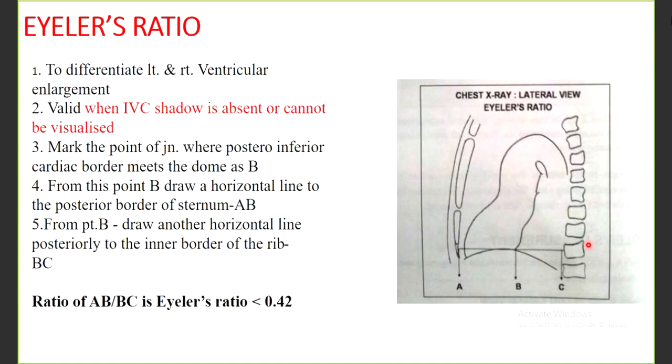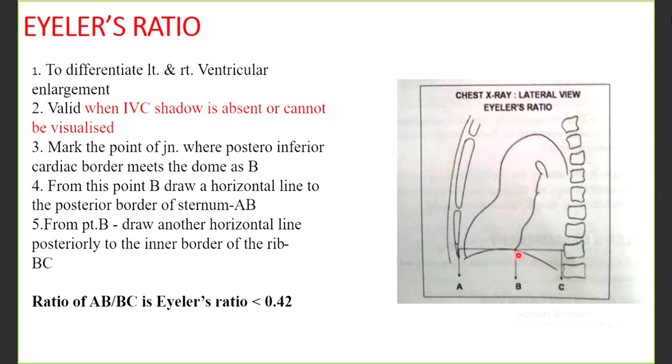Yet another measurement for academic interest would be the so-called Hoffman-Rigler ratio. Here, where the diaphragm and the cardiac shadow meet in the lateral view, you mention it as point B. And from there, you draw a line to the sternal border, that is A, and you draw another line to the vertebral body and meet there, it is called point C. Now you see this ratio, AB by BC, normally it is less than 0.42.